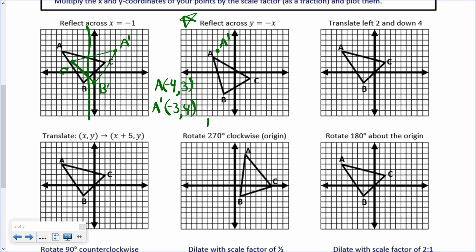Now let's take a look at B. I'm going to write that along the bottom. What is the value of B to start? -2, -4. Yeah, it's 4. If I've counted correctly, I'm fairly certain that B is at -2, -4. Yes? Okay.